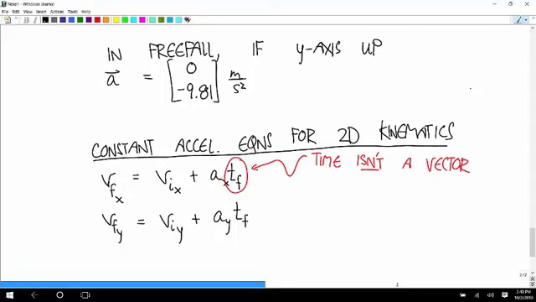So if you're doing this and your y-axis is up, then ax is 0 and ay is negative 9.81. That's the vector notation. The x component is that, and that's the y component.